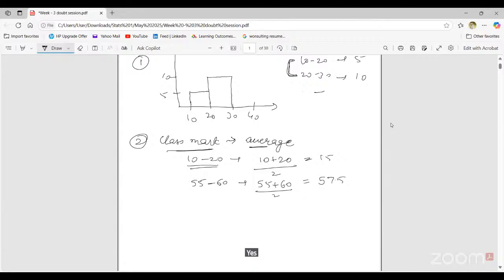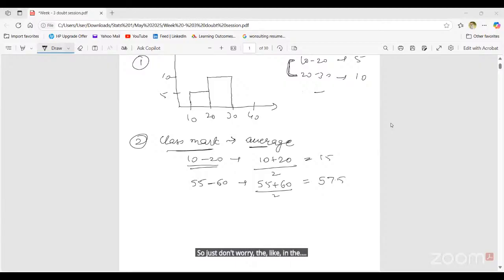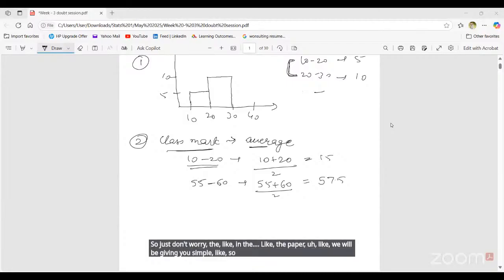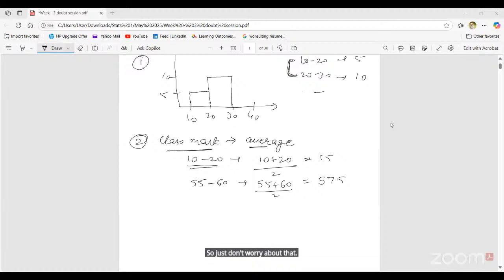Because it only uses the mouse, that's why. So just don't worry. In the paper we will give you simple numbers so that you are able to solve it. So we have to only use the given formula for the variance calculation? Yes. Okay. Thank you.